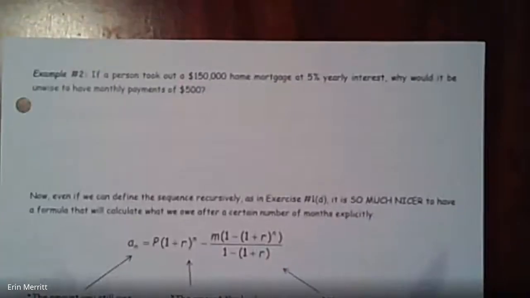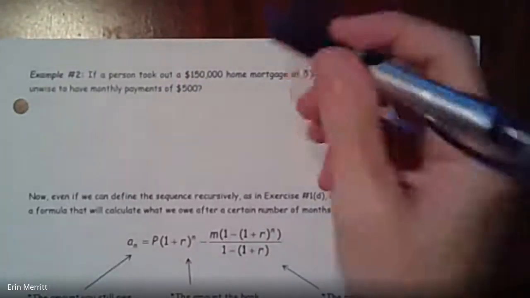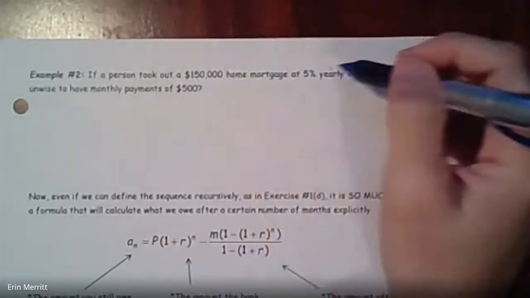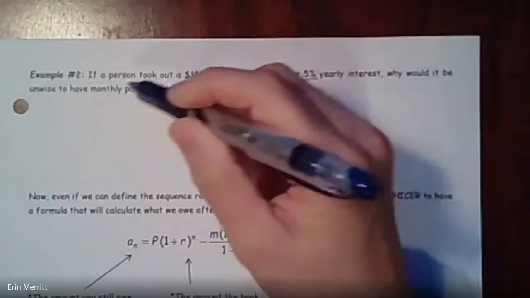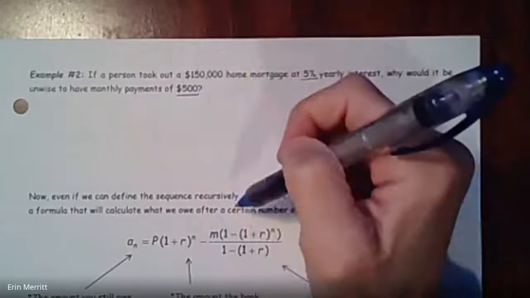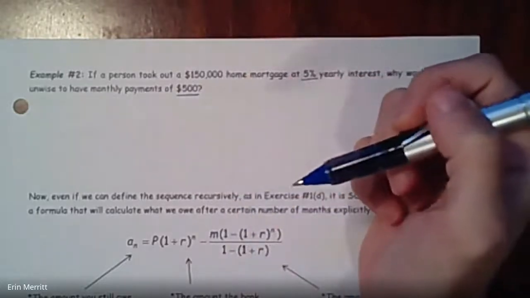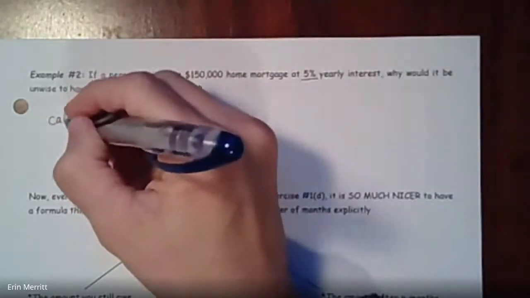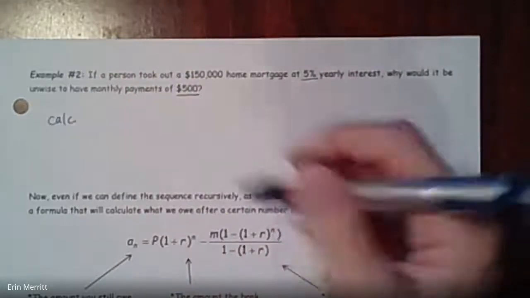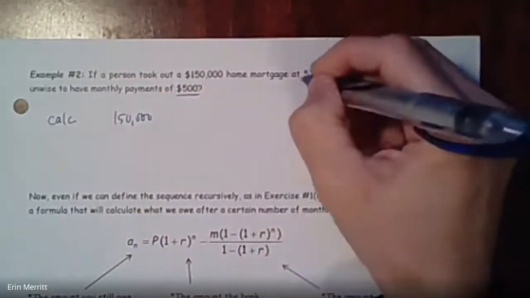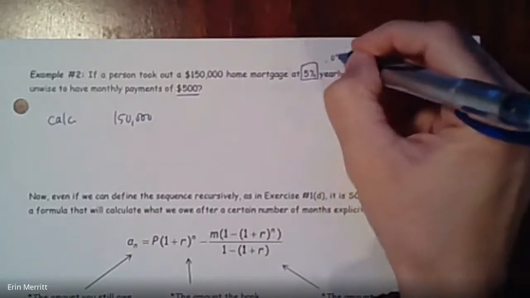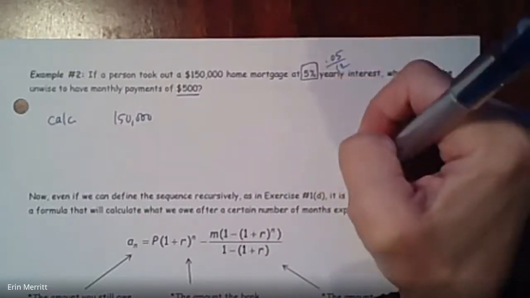Example 2 says if a person took out a $150,000 home mortgage and they had to pay 5% yearly interest, why would it be unwise to have monthly payments of $500? All right. Well, if we actually calculated this one like we did the last one, 150,000, it's 5% this time. So it'd be 0.05 broken up 12 ways.